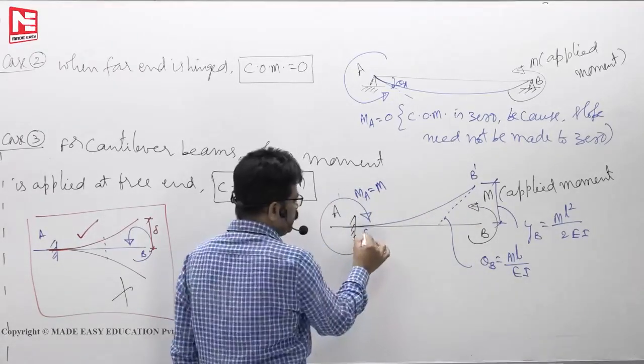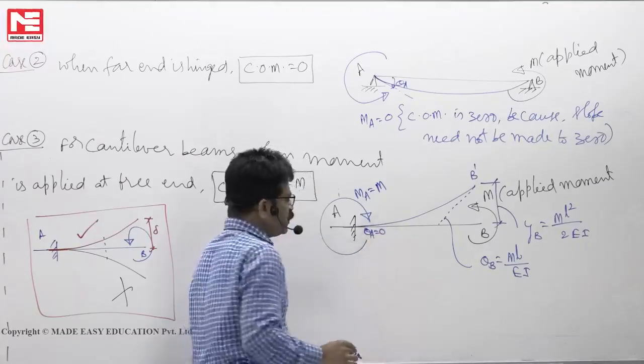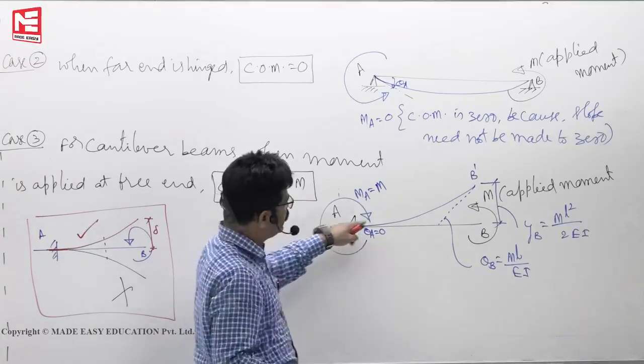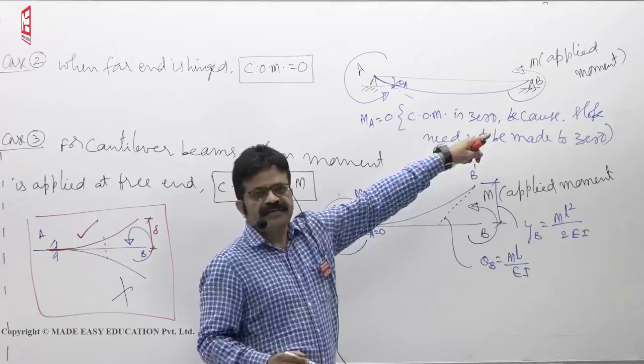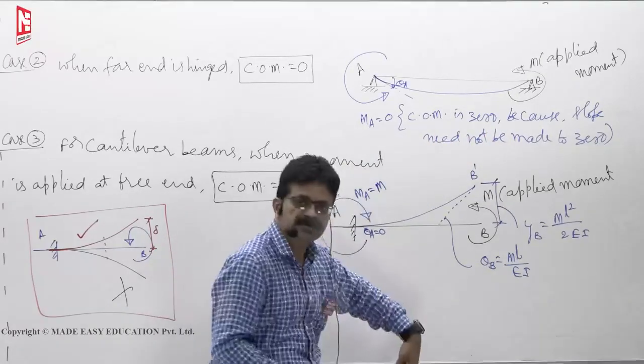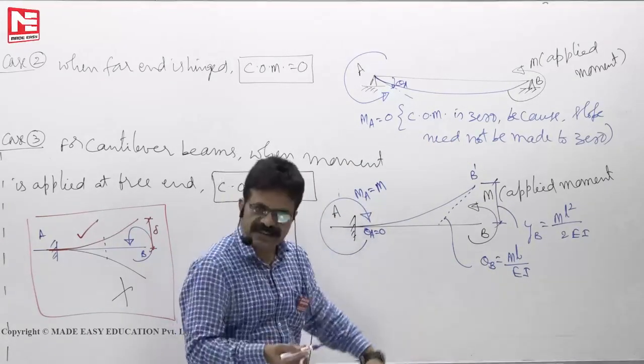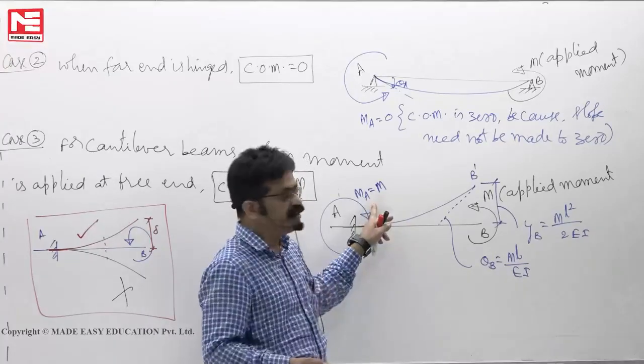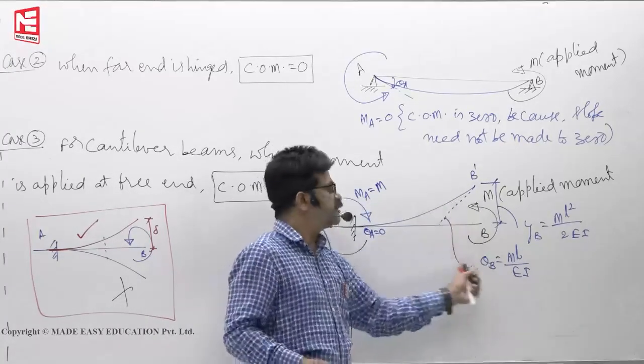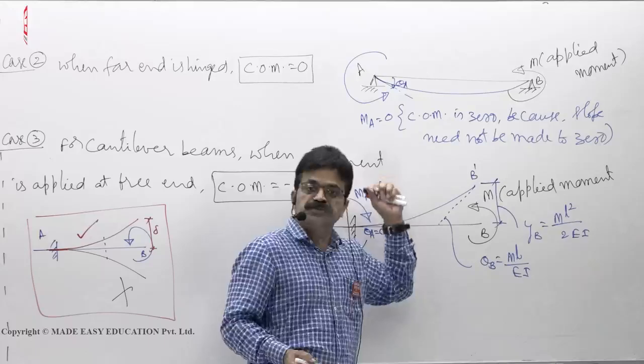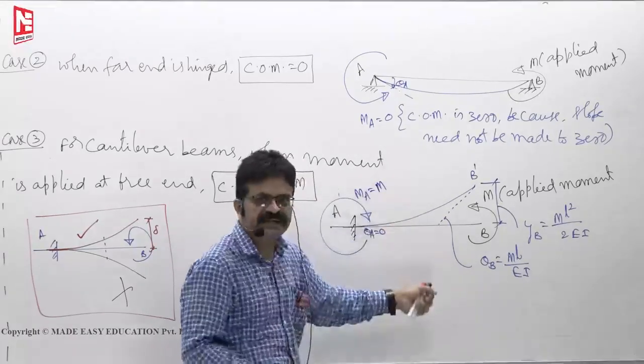So you see here, to make theta A 0, first permit the slope to happen, then it's like a straight line. Right? Now to make the slope 0, the fixed support must apply a moment like this. This moment is opposite to the applied moment. This is anti-clockwise. Now to make the slope 0, it is acting clockwise.